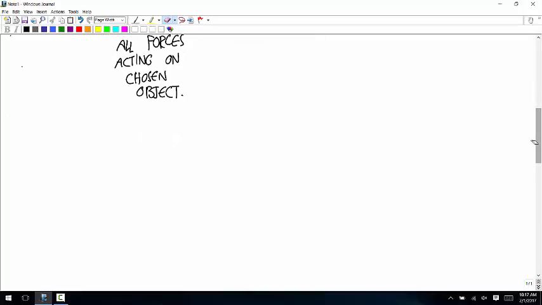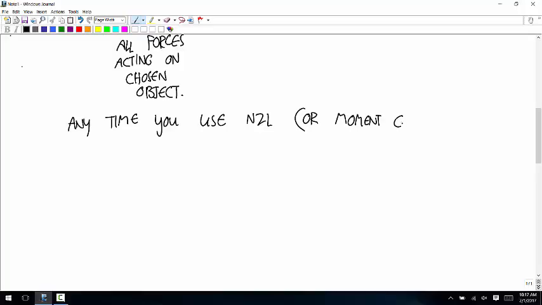Anytime you use Newton's second law, and this also holds for the moment equation that we'll talk about with rigid bodies, you need to draw a free body diagram.